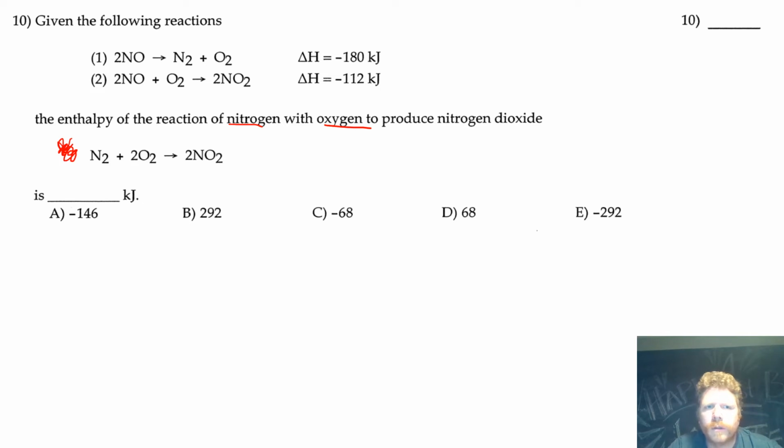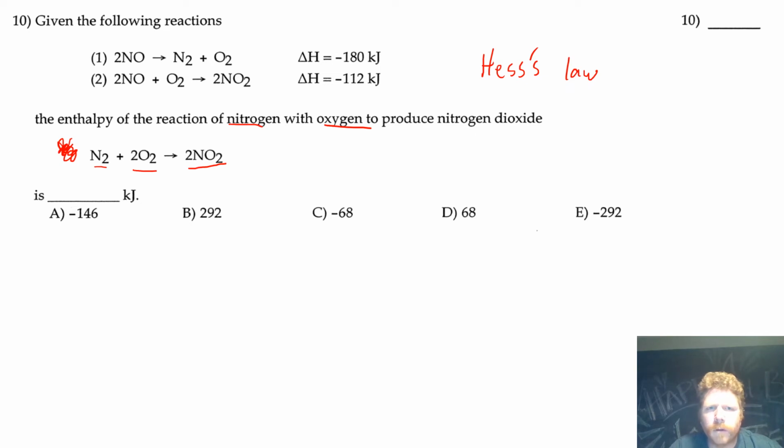What we want to do is manipulate 1 and 2 to match this. This is another Hess's law problem. We want to find our products and our reactants. For this overall reaction, we have N2 plus 2O2 yielding 2NO2. So we need to find N2 and O2.